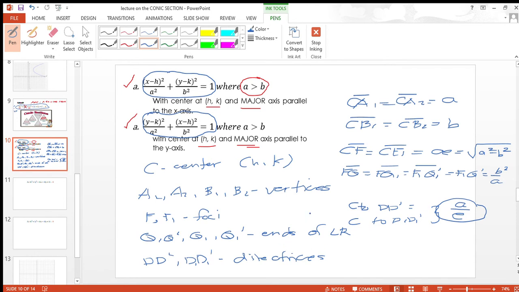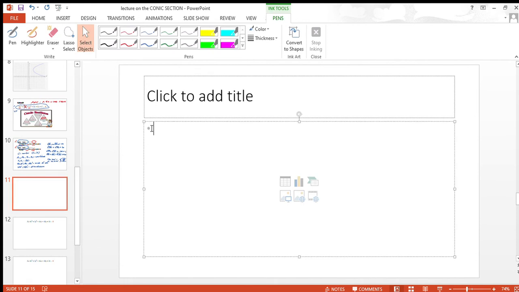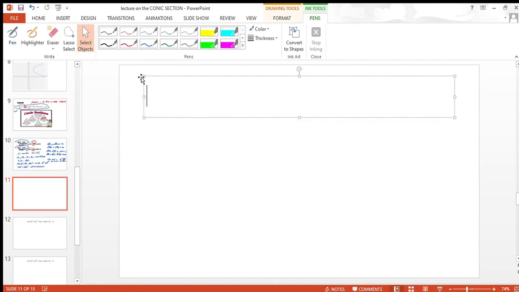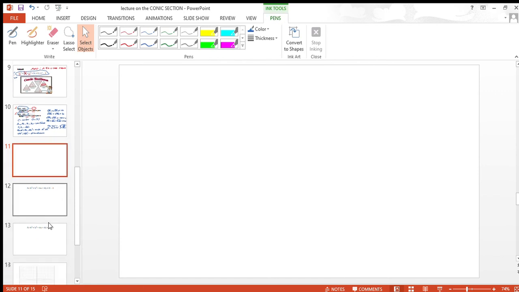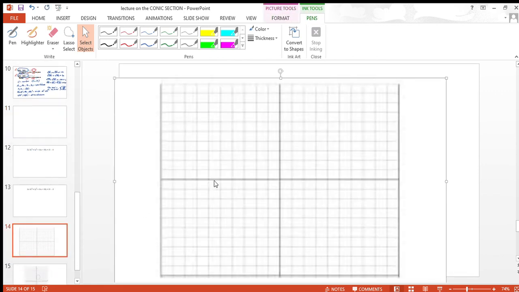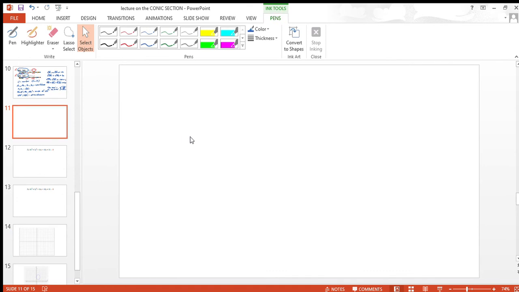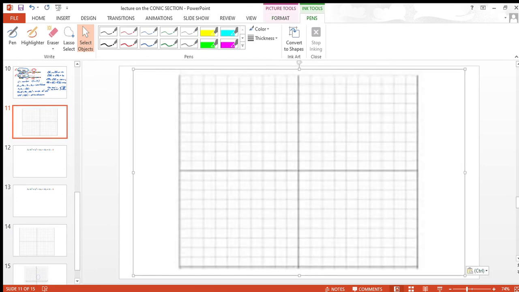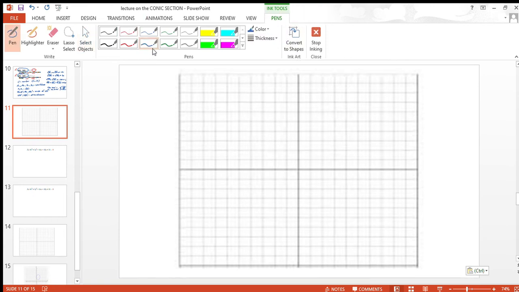Now, when we will be considering the diagram for this one, I think we need a Cartesian plane. Let me just copy this. Okay, so if we want now to draw our ellipse, so for example, our ellipse is having its center at HK.